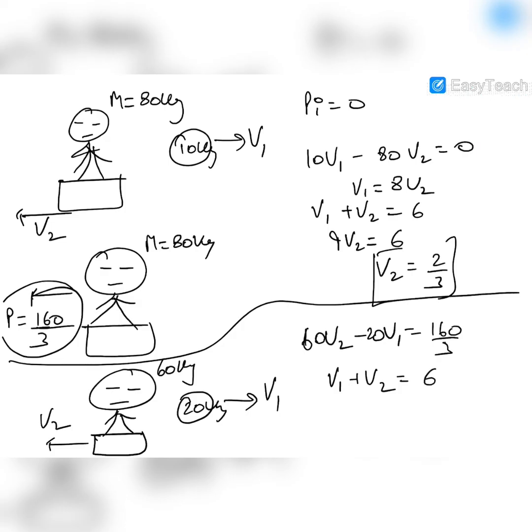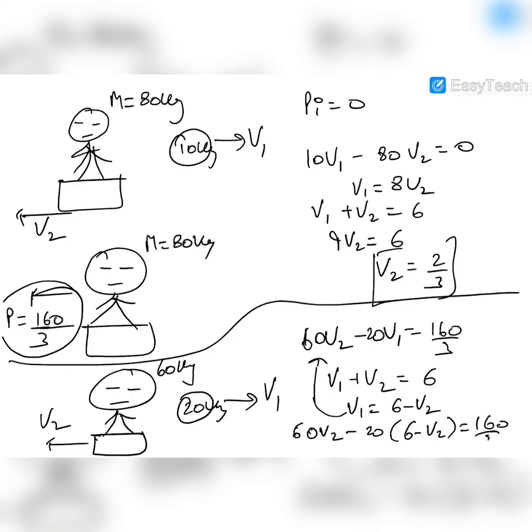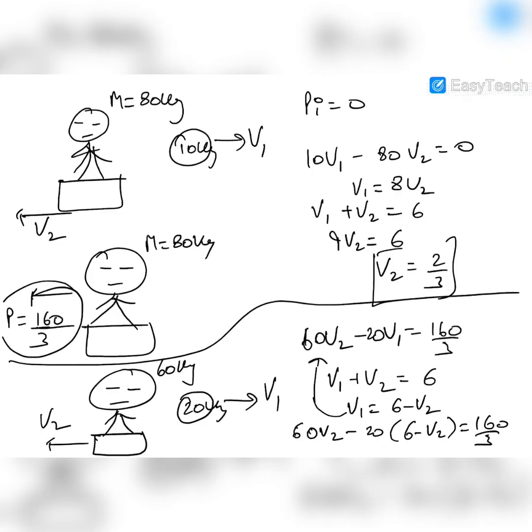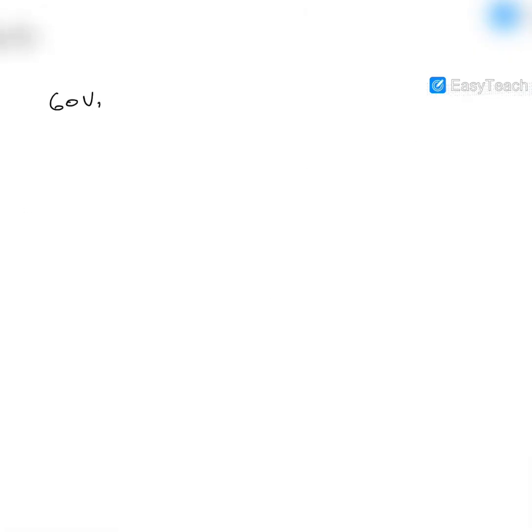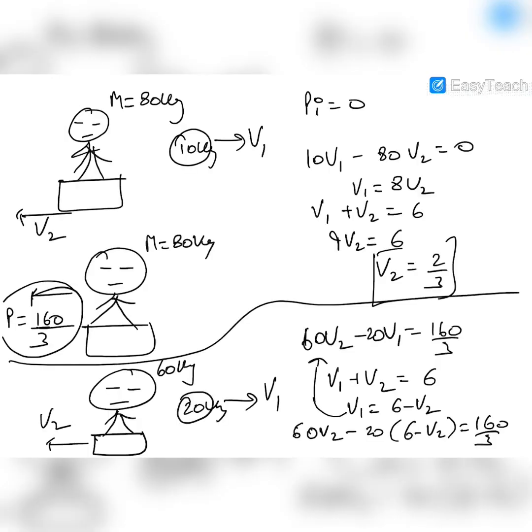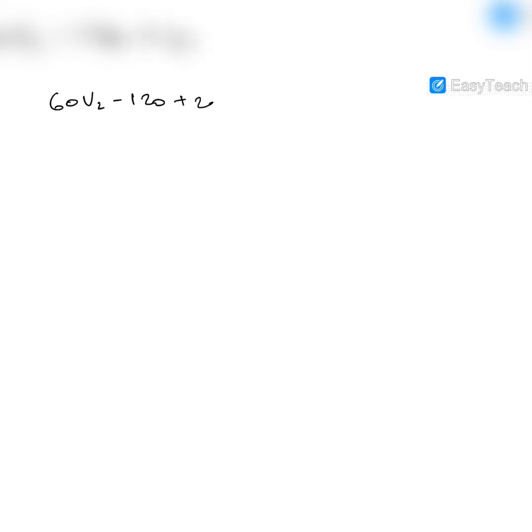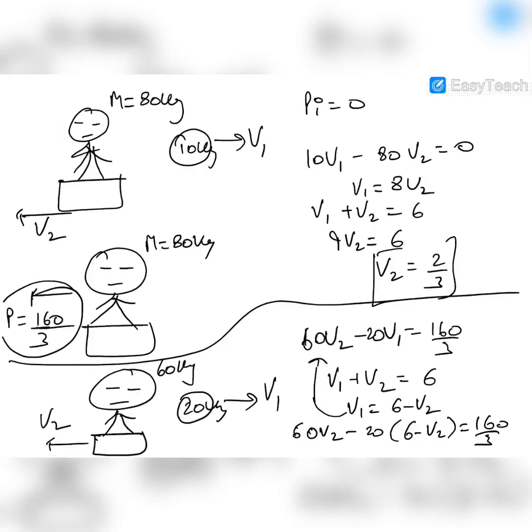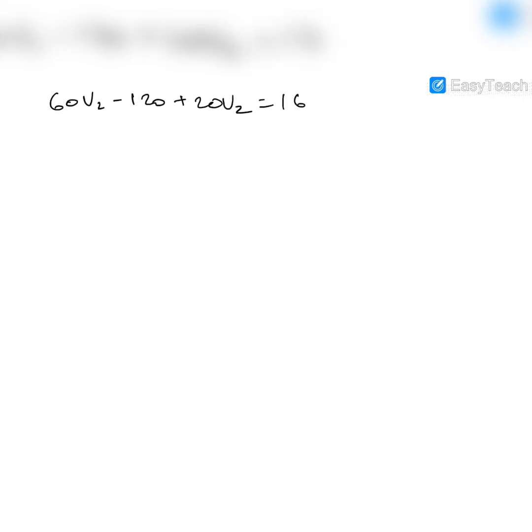We can substitute the value of v1 as 6 minus v2 in this equation. So 60 v2 minus 20 into (6 minus v2) is equal to 160 by 3. So 60 v2 minus 120 plus 20 v2 will be equal to 160 by 3.